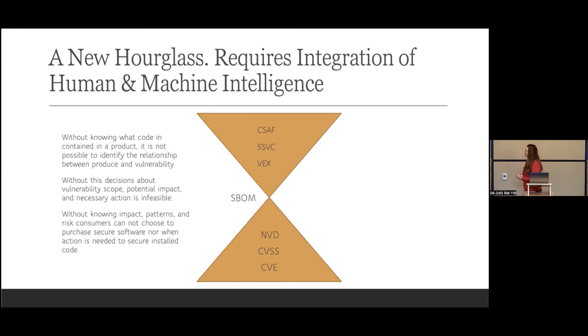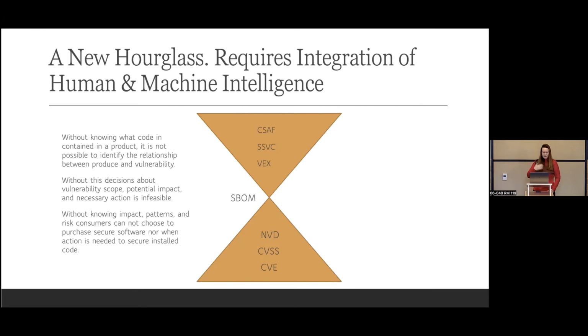And on the top, you can see these are all impacts, right? CSAF, SSBC, VEX, these are all about the impact and the ecosystem and how it is experienced. And on the bottom, National Vulnerability Database, the existence of the vulnerability, the ranking of the vulnerability, these are all raw data.